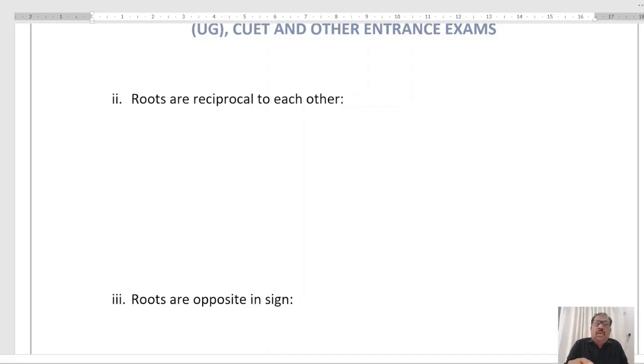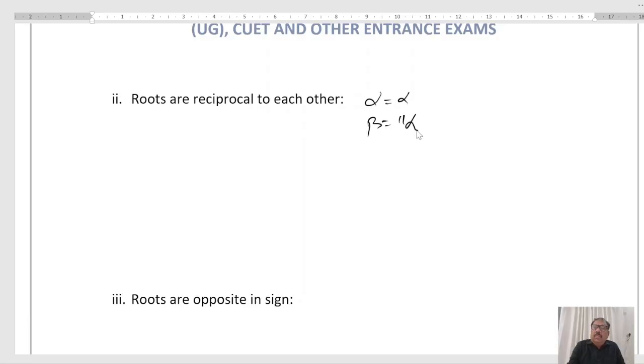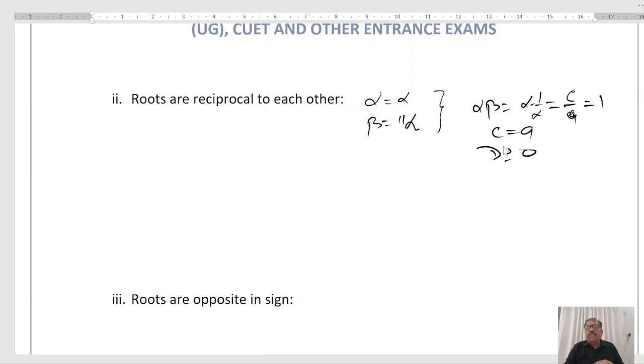Next part is roots are reciprocal to each other. If the roots are alpha and 1 by alpha, what will be the product? Alpha into beta, that is alpha into 1 by alpha, equals c upon a, which is equal to 1. So c equal to a and D greater than or equal to 0.